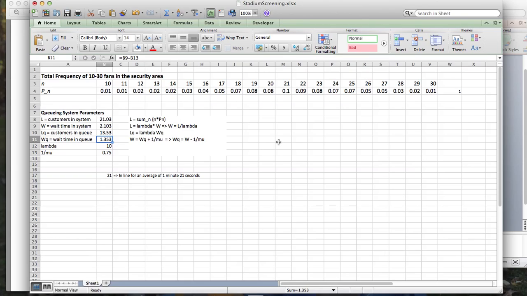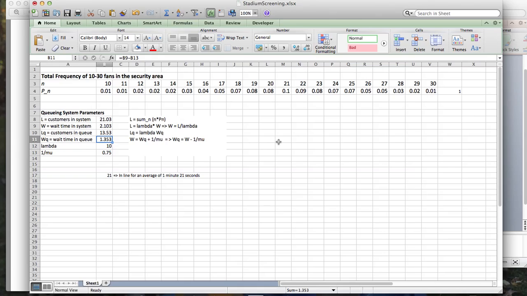So the average number of customers in the system minus the average number of customers in line in the queue gives me, roughly speaking, the average number of people being served at any one time, which is the average number of servers appearing in our system. So the difference ends up being 7.5 between L and LQ. What we are saying in this case is that we don't always have the same number of servers and the same number of security guards working, which is an interesting observation.